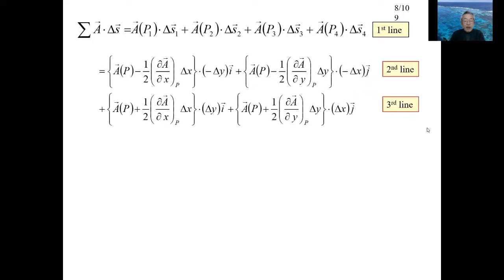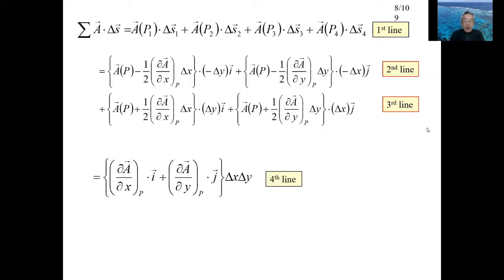When substituting AP1, AP2, AP3, AP4, and delta S1, delta S2, delta S3, and delta S4 into the equation on the first line, we obtain the equations on the second and third lines. Since some terms in the second and third lines cancel each other, the number of terms is halved, like the equation on the fourth line.